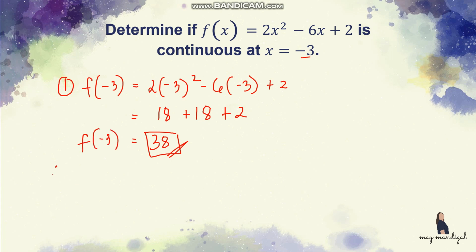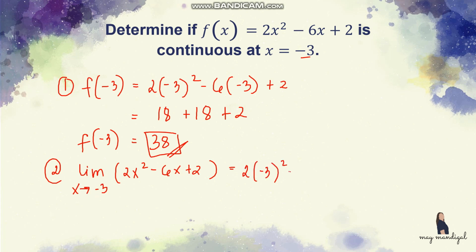Now after that, let's solve for the limit of our function. So the limit of 2x squared minus 6x plus 2 as x approaches negative 3. Since what we have is a polynomial function, to identify the limit, we can just do direct substitution. So this will become 2 times negative 3 squared minus 6 times negative 3 plus 2, which is just the same as the value that we obtained a while ago. So this will be 38 as well.